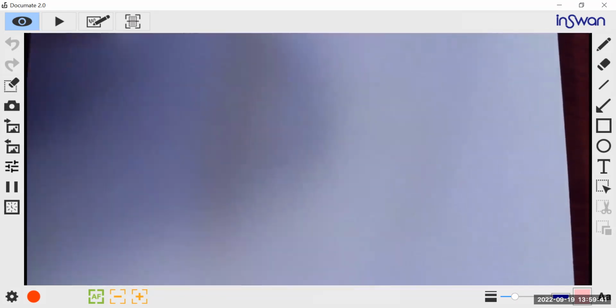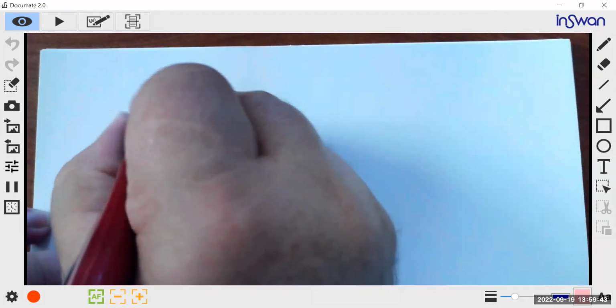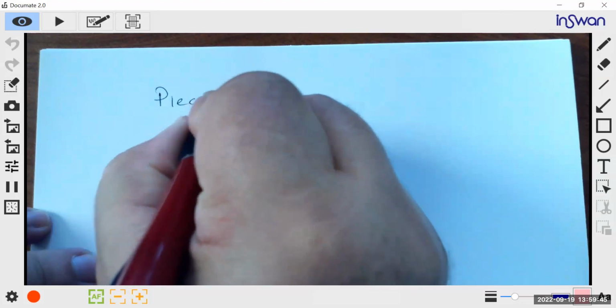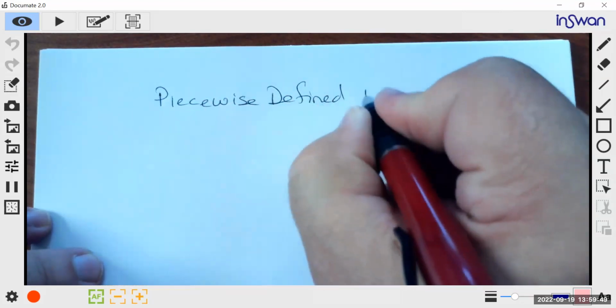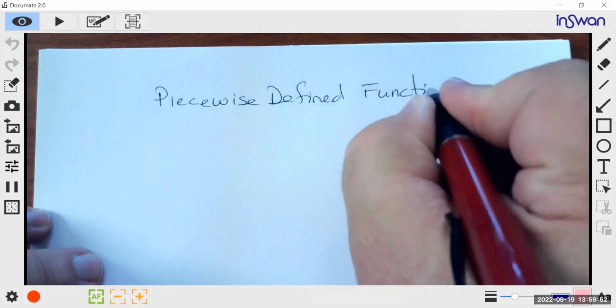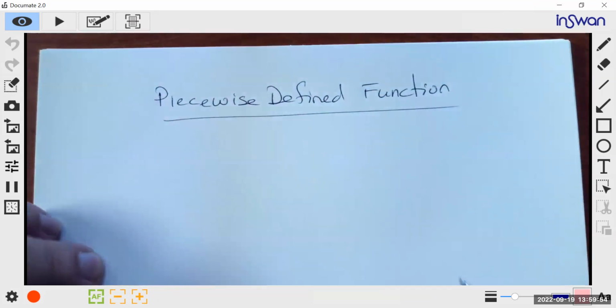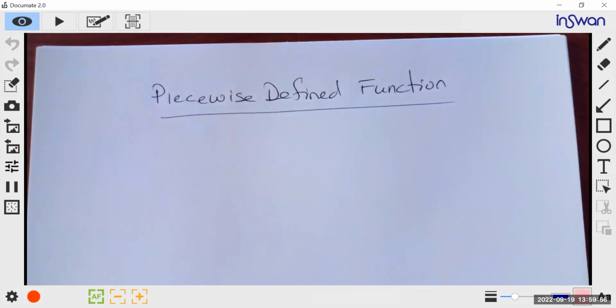A piecewise defined function is just that. We define a function in pieces, in parts.